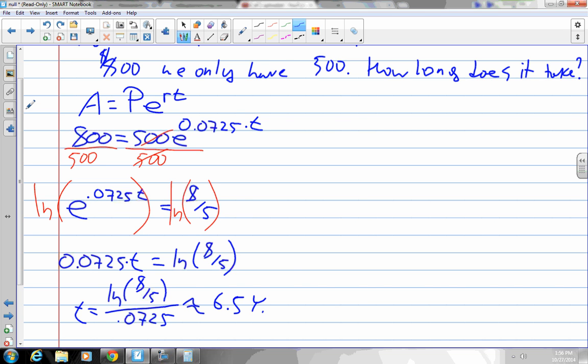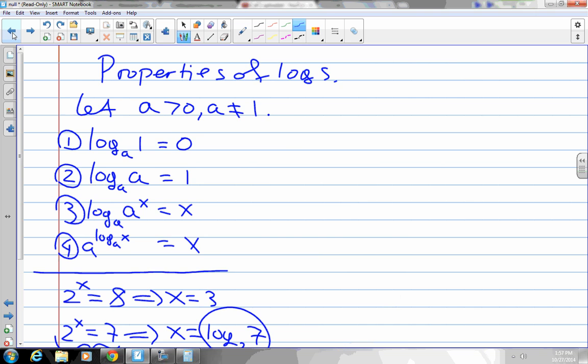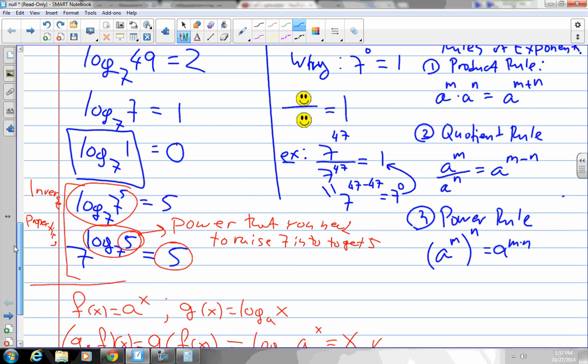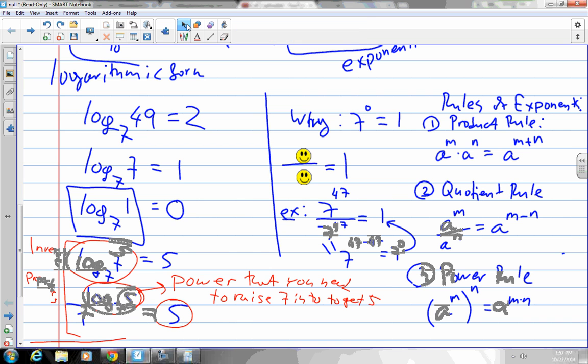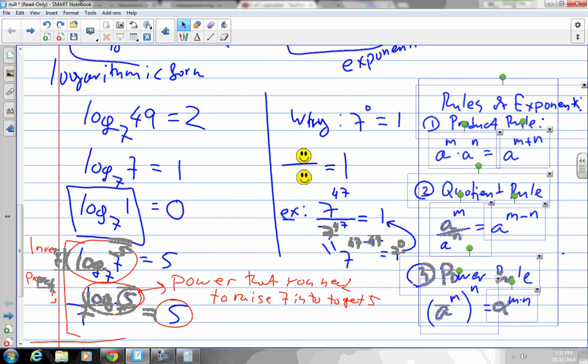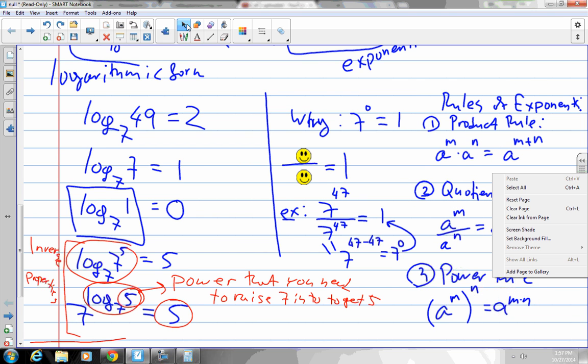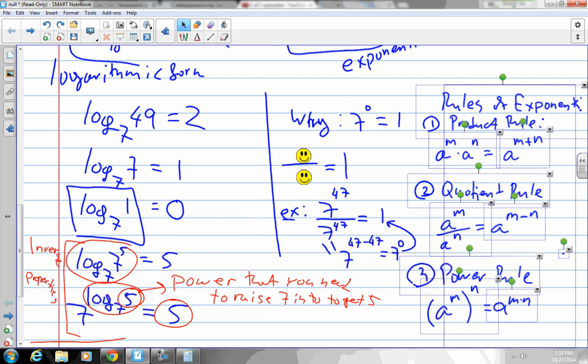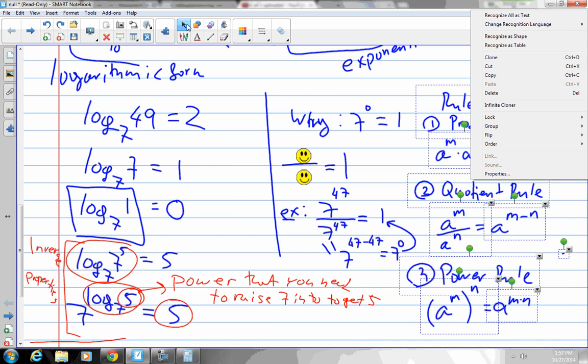Is that good stuff? All right, so let me give you three more properties. Here are my rules of exponents. We wrote our rules of exponents.